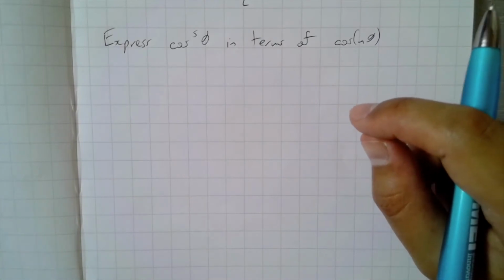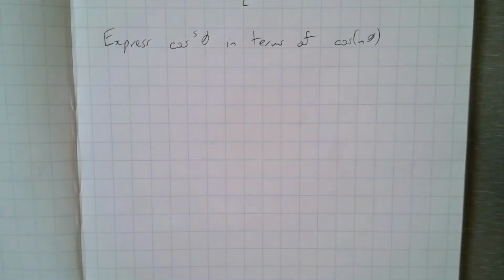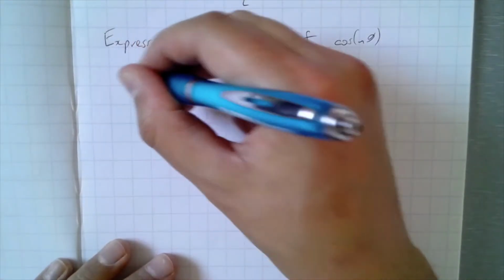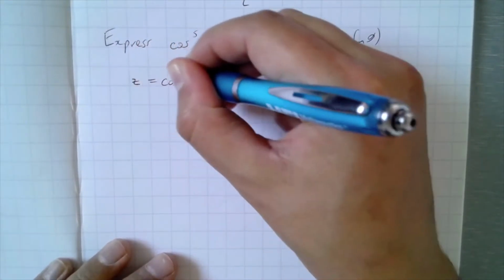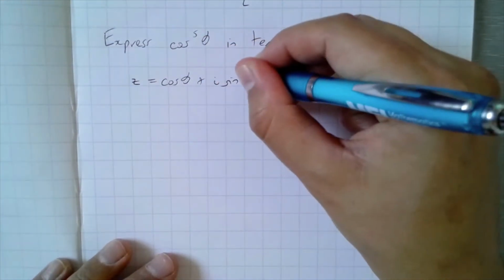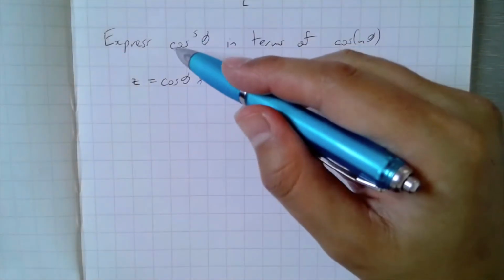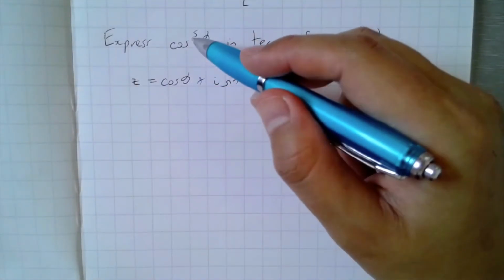The way we're going to do this is as follows. If we let z equal cos theta plus i sine theta, I know there wasn't a z in the original question, but we're going to try and generate a cos to the power of 5 theta somehow.